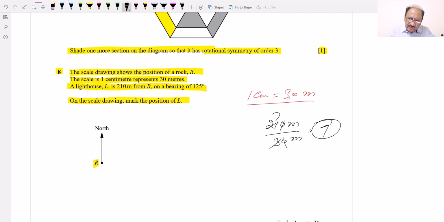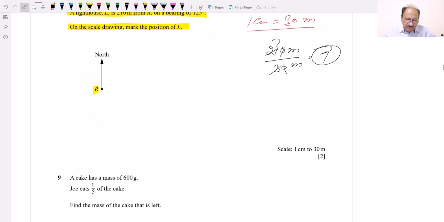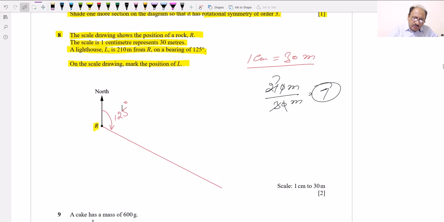So 7 centimeters we will take as the distance, and the bearing is 125. Bearing is always clockwise, so we will draw the bearing first. We can roughly take the bearing like this one, and this angle is 125 degrees as mentioned in the question.